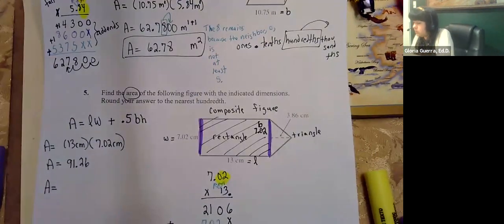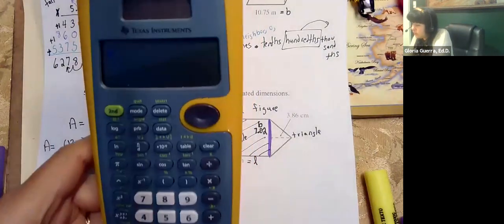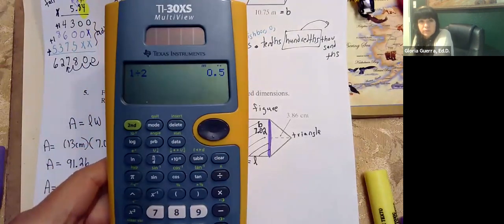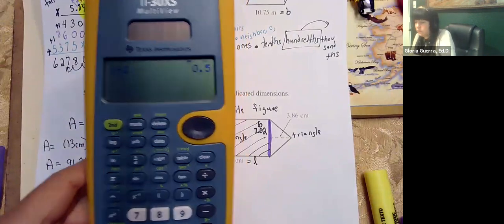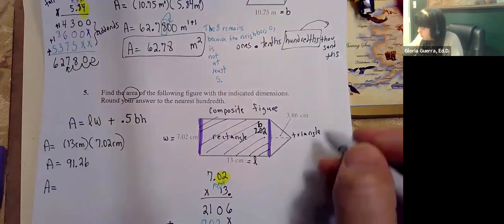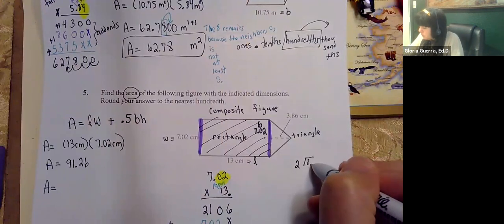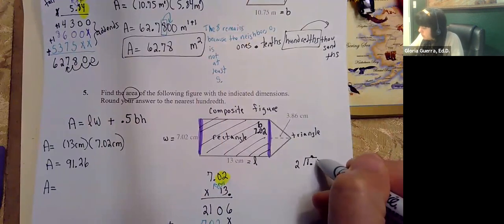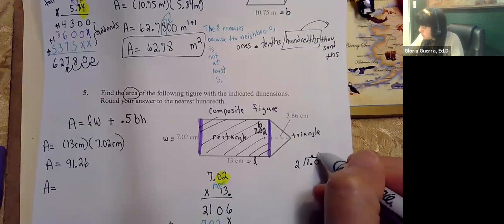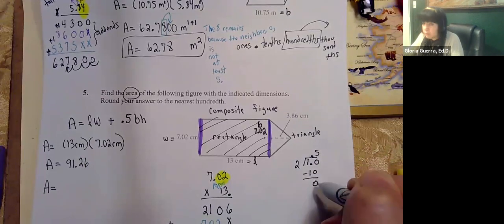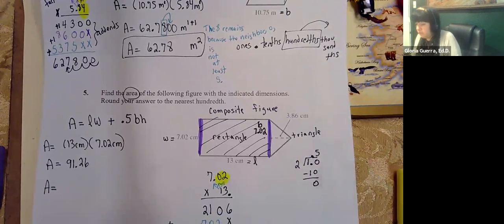See on the calculator, if I do 1 divided by 2, that's 0.5. Also, if I show you in the calculator here, 1 divided by 2, I can put this decimal up here, pull it up and add a 0. 2 goes into 10 5 times. 2 times 5 is 10. Remainder is 0. But there's your 0.5 there. Okay.